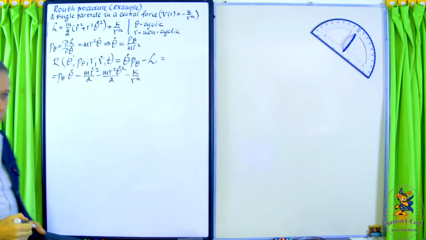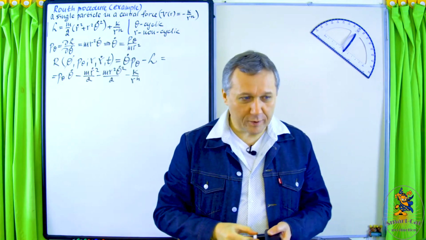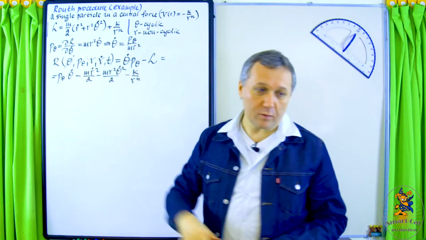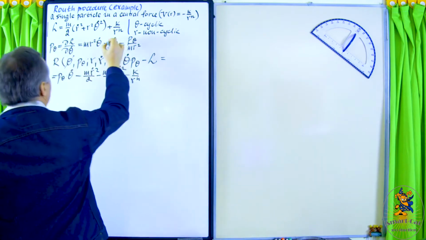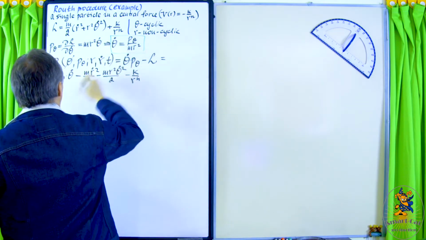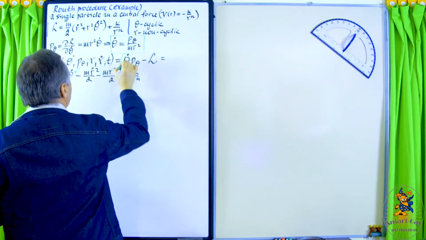This is not yet a complete Routhian; we can call it a pseudo-Routhian, because we still have theta dots. Now we have to use the ingredient we prepared in advance, and plug it in.